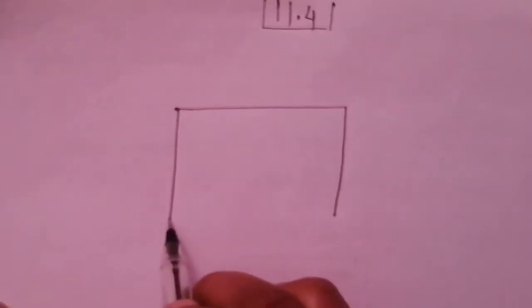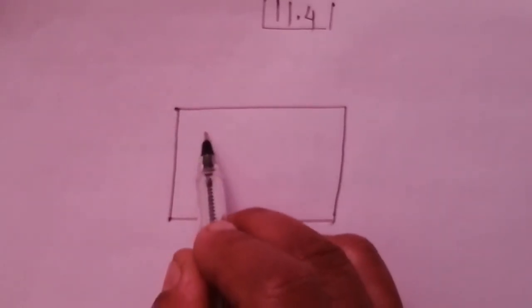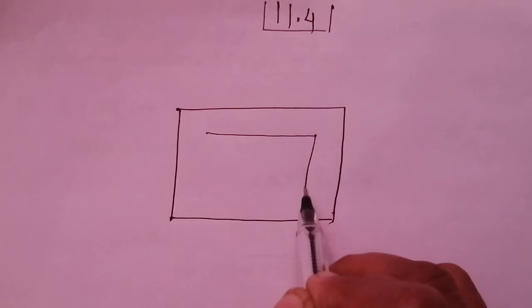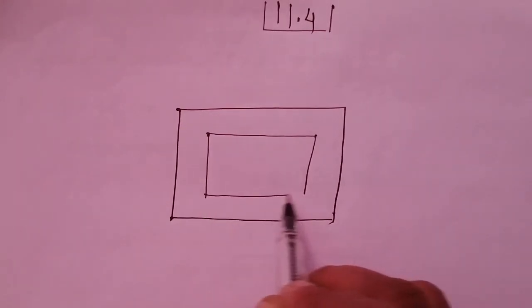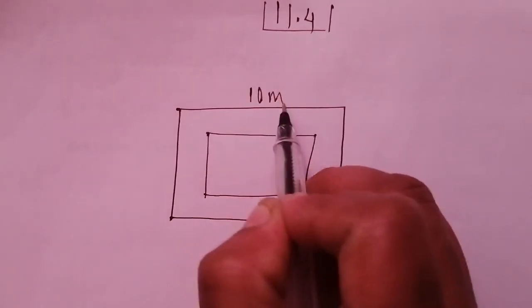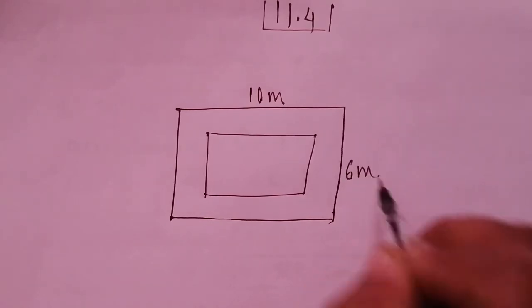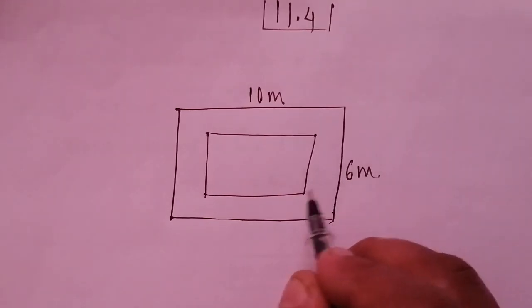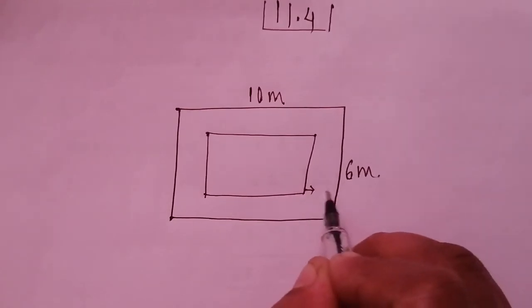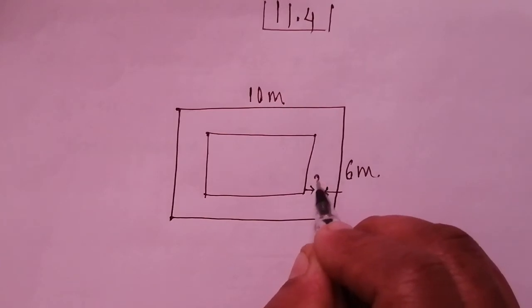Now for example, suppose this is a rectangular garden. Inside it they have given one flower bed. Here they have given that this is a 10 meter length and this is a 6 meter length. The width of the pathway is given, that is 2 meter.